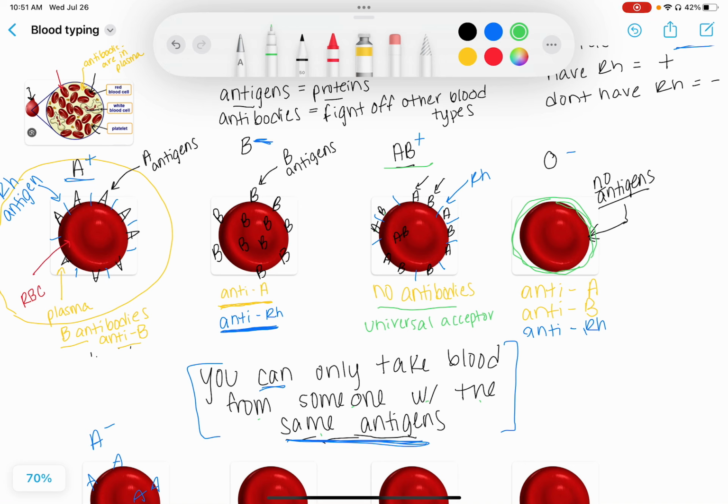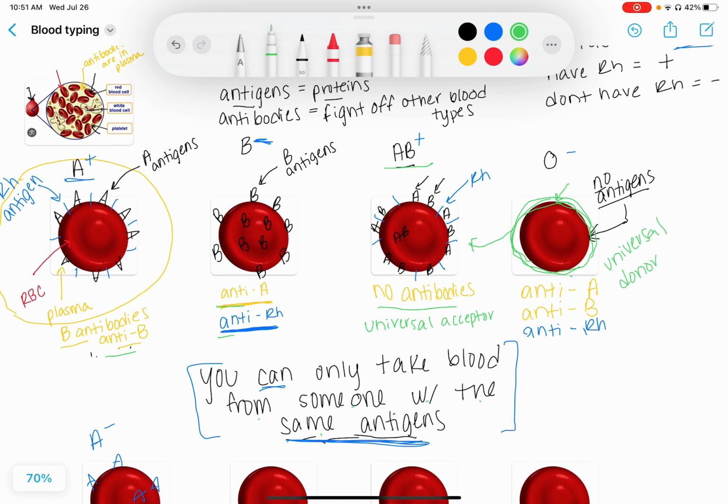And if you can only take blood from someone with the same antigens, this O has no antigens that are going to cause these antibodies to fight it, right? If you give this person O negative, well, that's fine. There are no antigens to cause any immune response, any attack. So O negative is the universal donor.